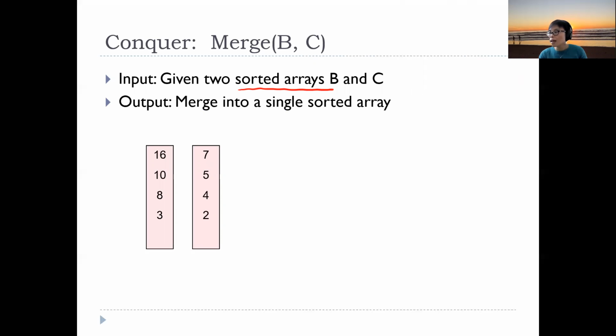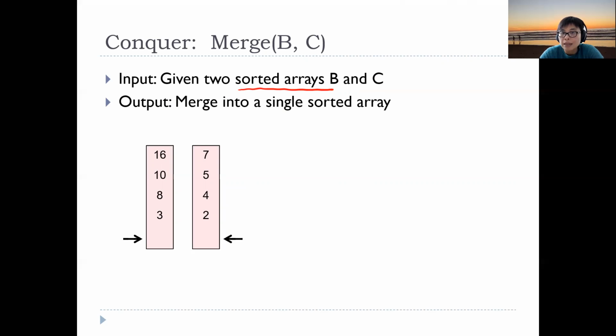Well, we have to leverage the fact that B and C, each of the subarrays, are already sorted. In particular, the way we think is the following. Let's say that I want to merge them into a single sorted array. What should be the first number in the merged sorted array?